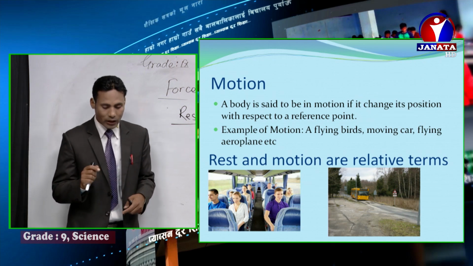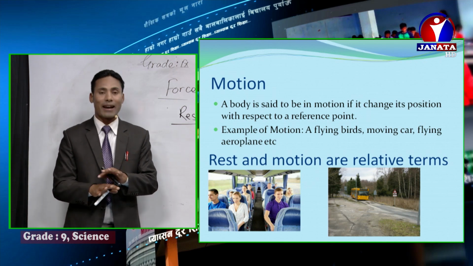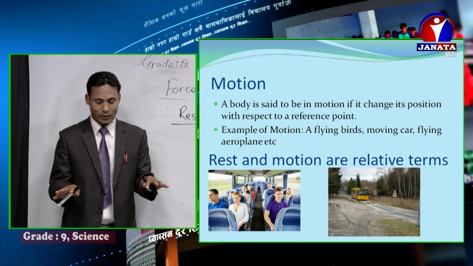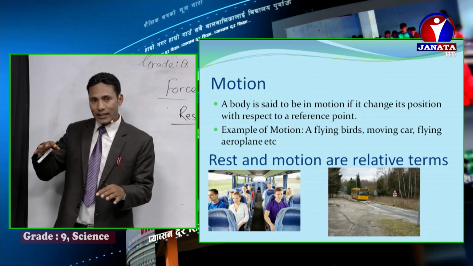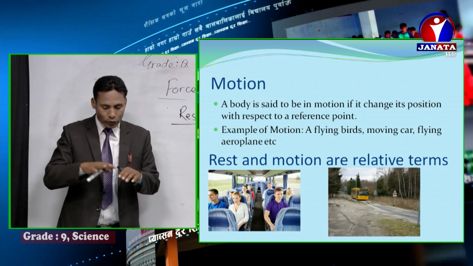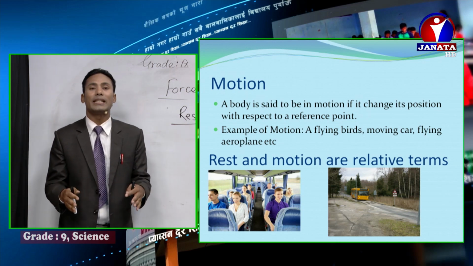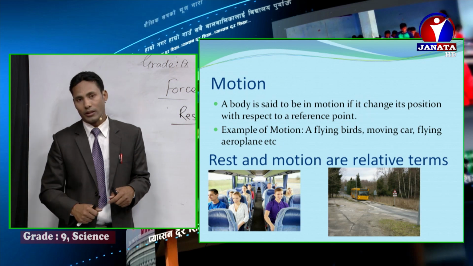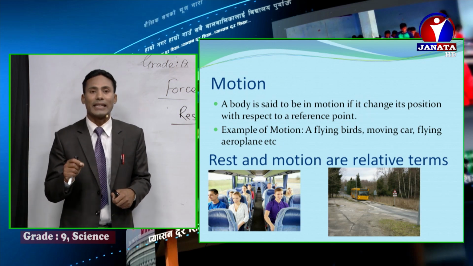For example, you can see three people in the front seat, right? Whenever the vehicle is in motion, the three people are not changing their position with respect to each other. That's why they are at rest.